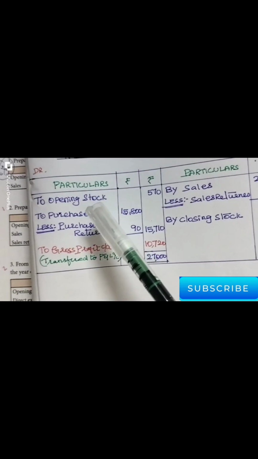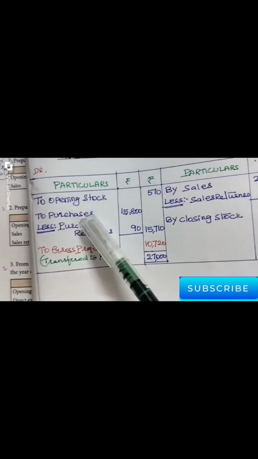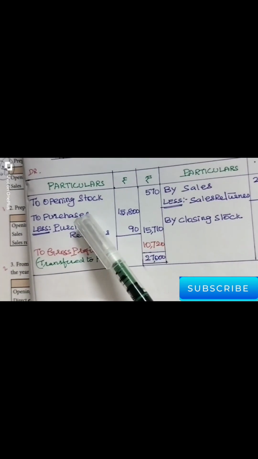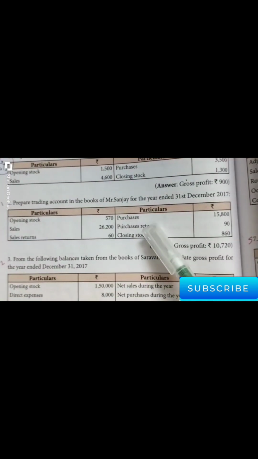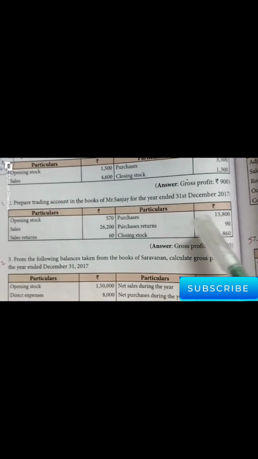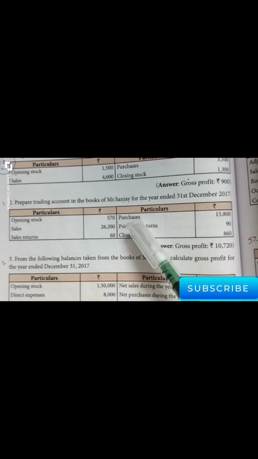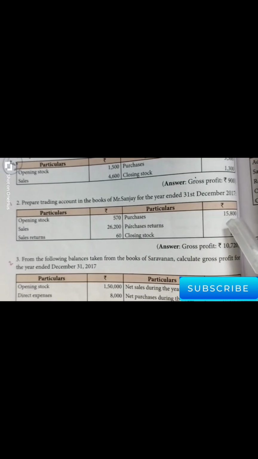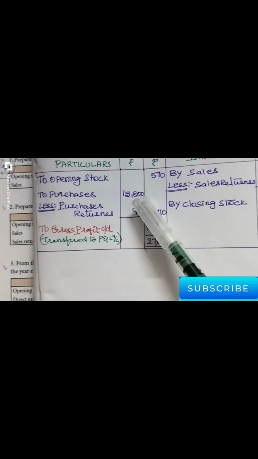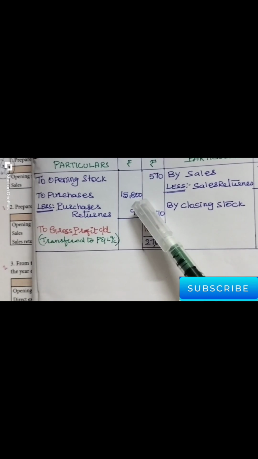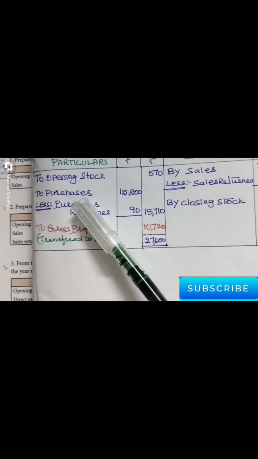After opening stock, you enter purchases, rupees 15,800. If purchases are given, you have to check whether purchases returns are given or not. Yes, here they have given purchases return. So you enter the purchases amount 15,800 in the inner amount column, because you have the small calculation with purchases and purchases return.